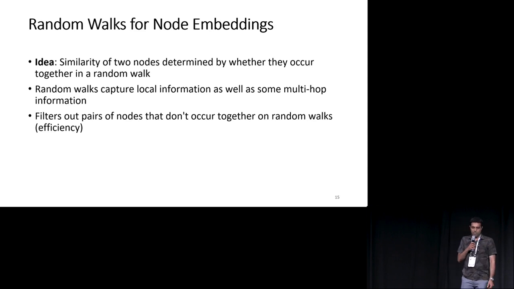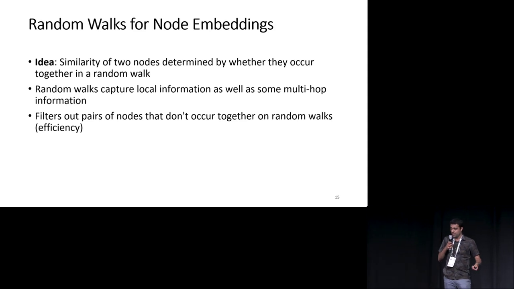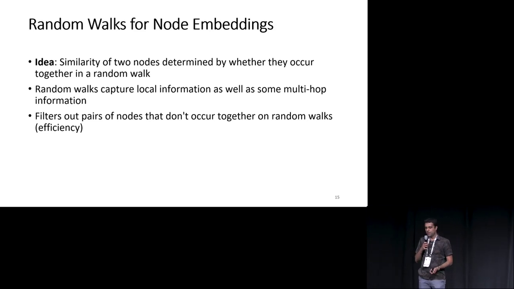Okay. So one of the key insights in these works that I mentioned was to look at random walks. You think of two nodes as similar if they occur commonly together in random walks. The idea is that random walks capture some local information as well as some longer range multi-hop information.